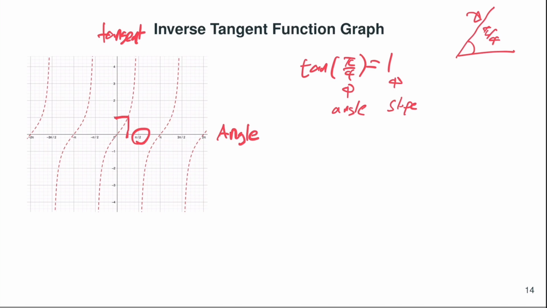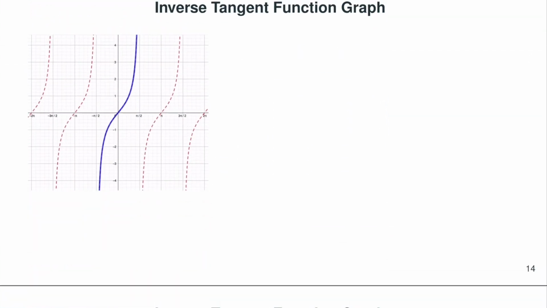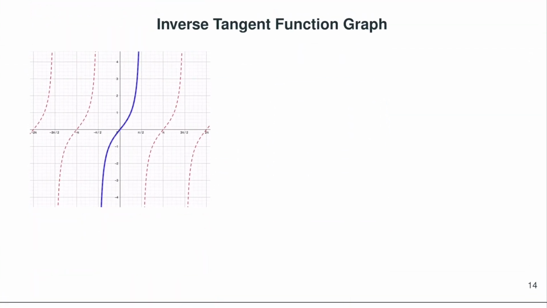So the inverse tangent function will take slope, or tangent value, as an input and give the pi over 4 angle as an output. But when we graph the inverse tangent function, again, we only look at this portion. When we look at this portion of the tangent, we invert only this portion of the tangent function to invert it.